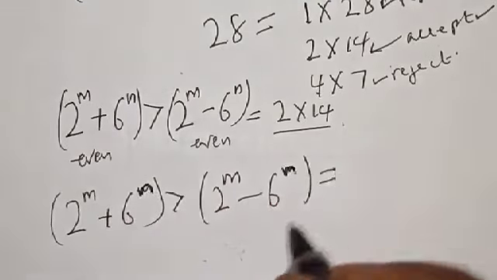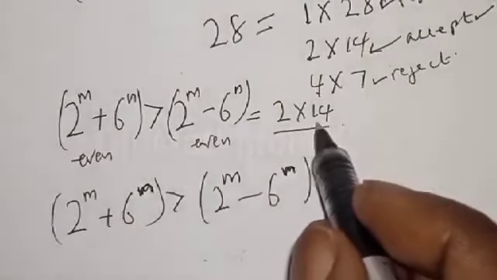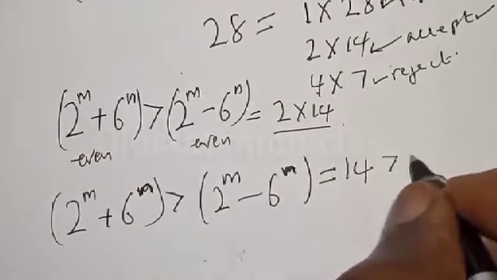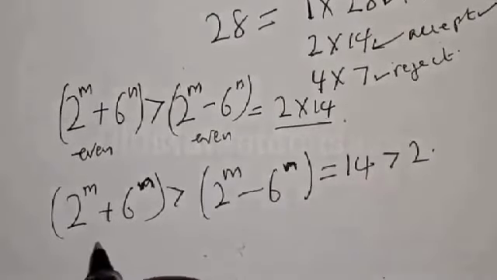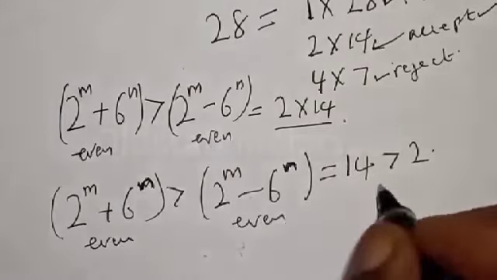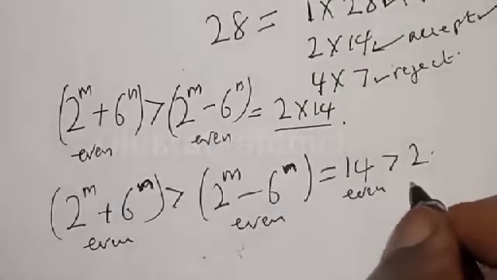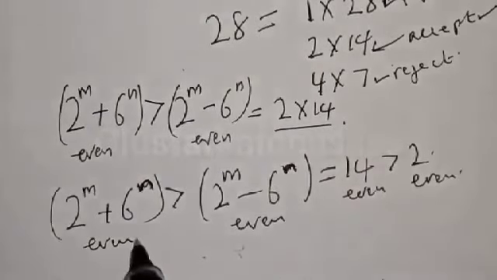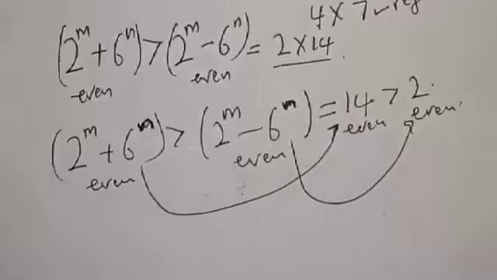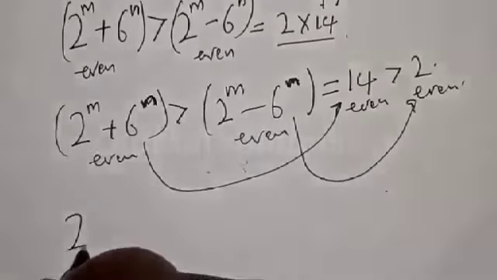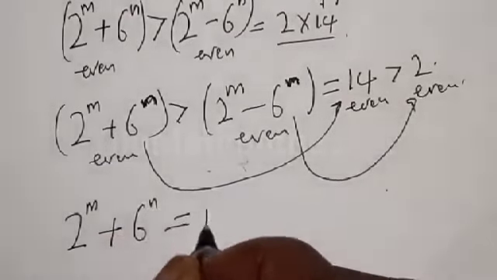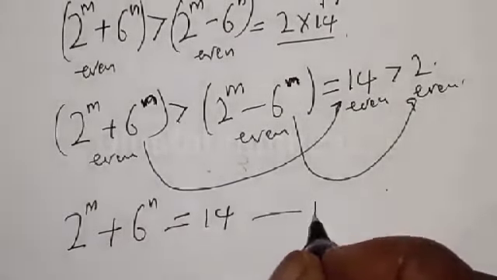We said this one is greater than this, and 14 is also greater than 2. Since all of these are even, this one will go for this, and this will go for this. We have 2^m plus 6^n is equal to 14. Let's call this equation 1.